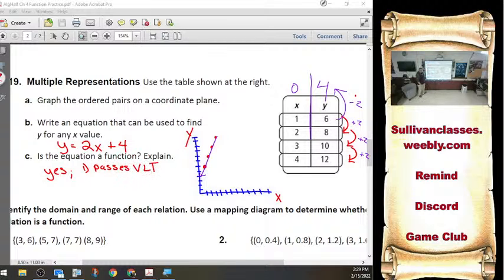Now that I have it graphed, it only ever hits once on every vertical line. Or I could say every x maps to one y. Every element of the domain goes to one of the range.